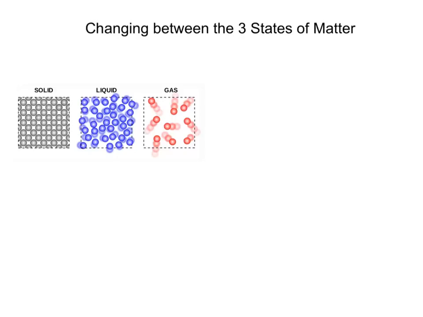So let's think about the name of the processes between the solid, the liquid and the gas. In fact, we'll label them one by one. So if we go from solid to liquid, we'll call that process A. Process A represents, so when we're going from solid to liquid, and that would be melting.